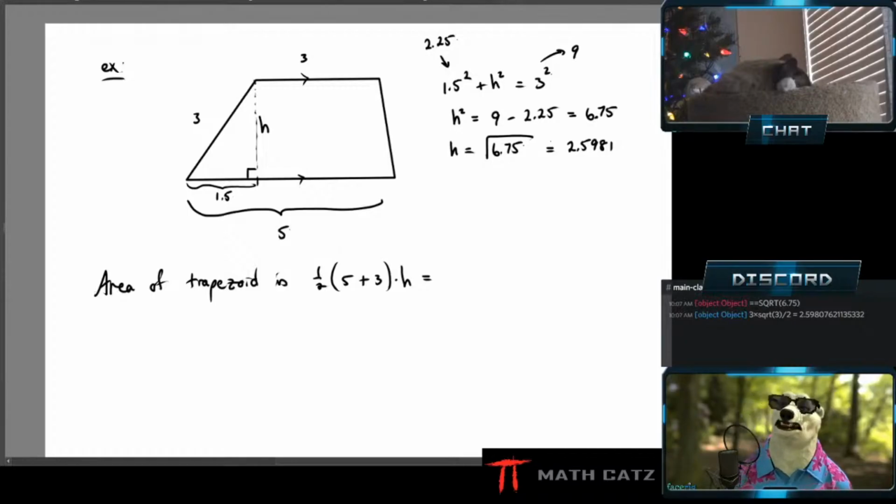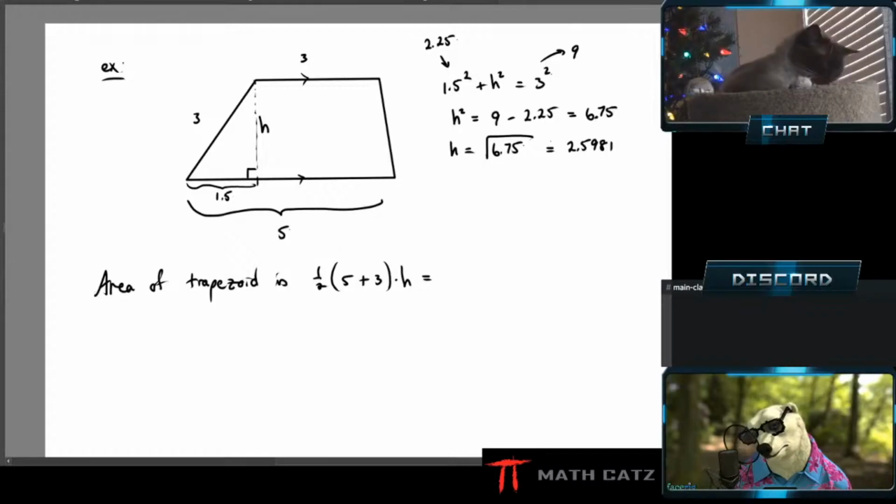Now your calculator has a memory function. Probably you can store 2 numbers, depends on your calculator. So you don't have to type in all the decimals every time, just use the memory function. Let's see here. So we have 1 divided by 2 times 8 for 5 plus 3 times h, which is 2.59807621135332.